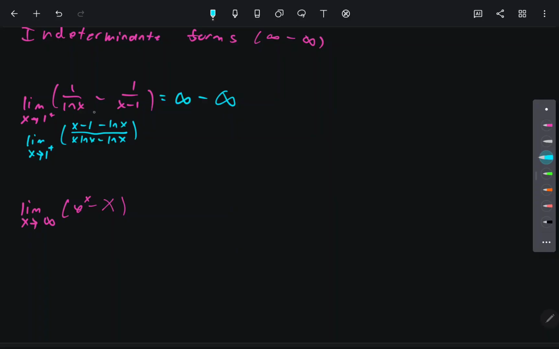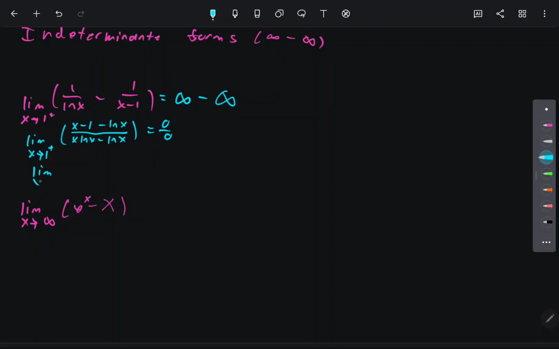And if you don't know how I did that, I just cross-multiplied everything. So now, if we plug in 1, well, we get 1 minus 1, that's 0, minus 0. So we get 0 in the numerator. If we plug in 1 in the denominator, we get the natural log of 1 is 0, minus the natural log of 1 is also 0. So we see that this is 0 over 0. So this is in a form where we can use L'Hopital's rule.